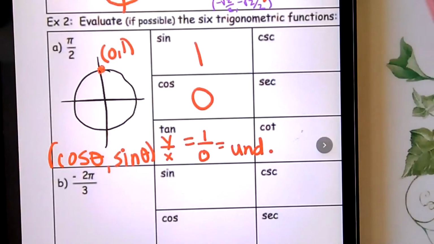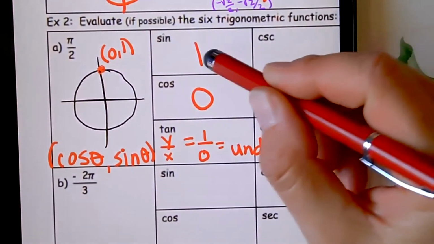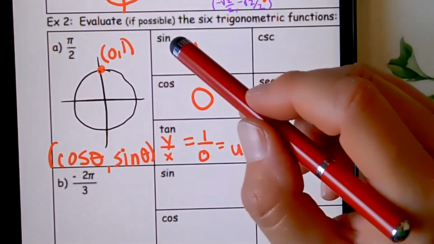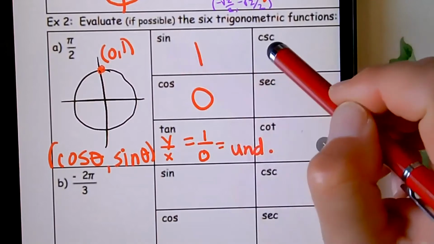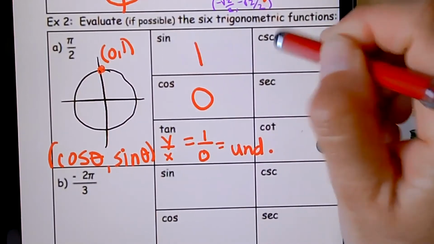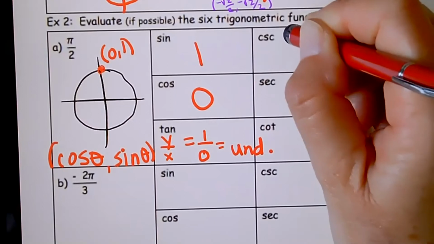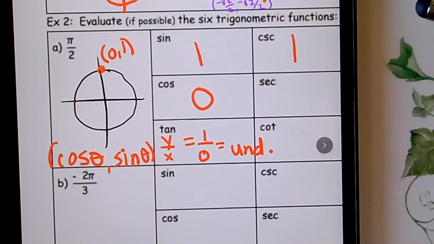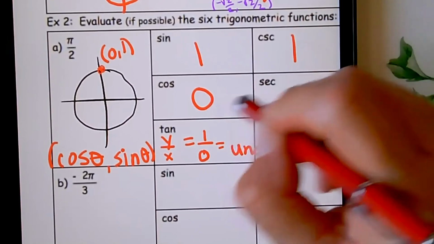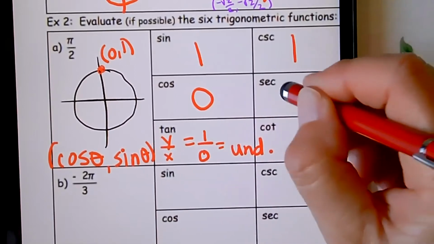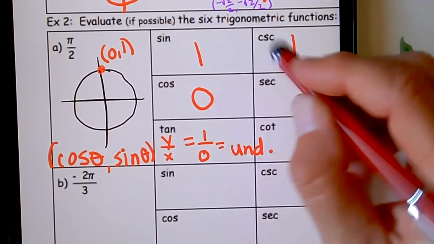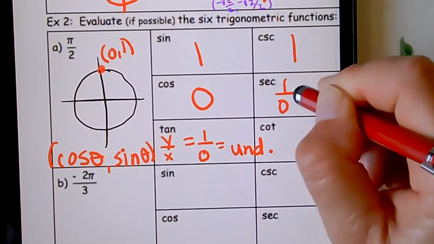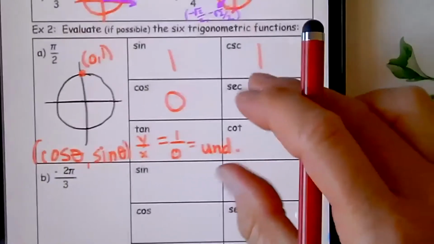Now, my cosecant, remember sine, s does not go with s. So this is the reciprocal. So this is going to be 1 over 1, which is 1. This is going to be the reciprocal. So this is really 0 over 1. So this is 1 over 0, which is undefined.